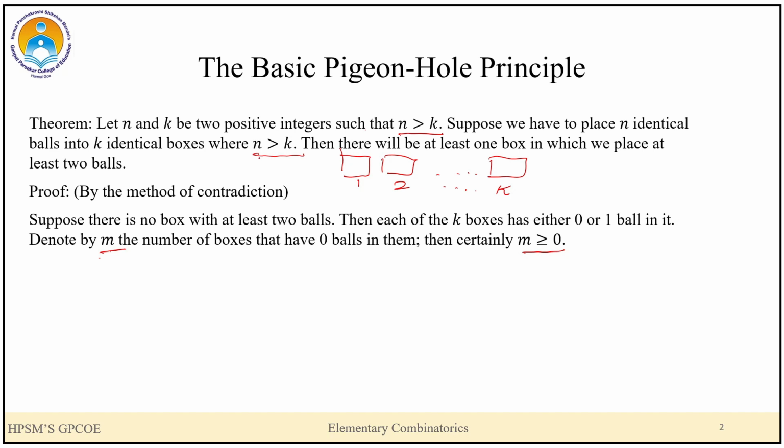Now, total boxes that we have over here is k, and out of them m have 0 balls in them. So what is left with us is nothing but k minus m, and these k minus m boxes will have 1 ball in it because there are only 2 options with us, that is 0 or 1.